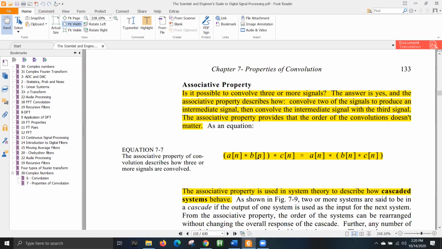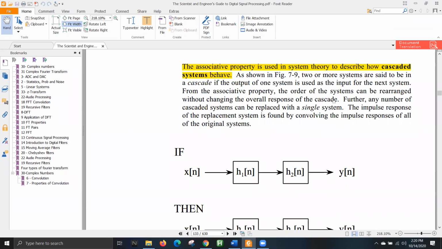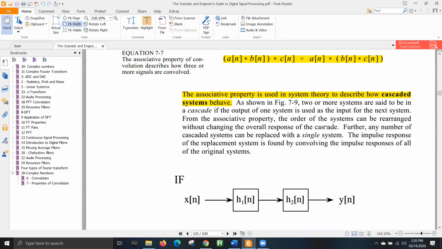So in this case, you passed it through one system, then another system, and this is actually equivalent to taking the two systems together, performing their combined operation, and then if you pass the input through that, it is going to be the same, provided that the system is LTI, linear time invariant. Okay, so this behavior actually comes from the associative property, and this allows you to define how cascaded systems behave.